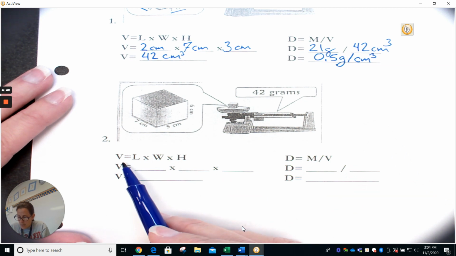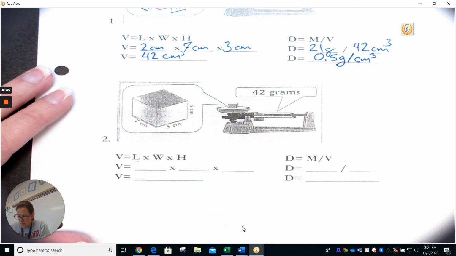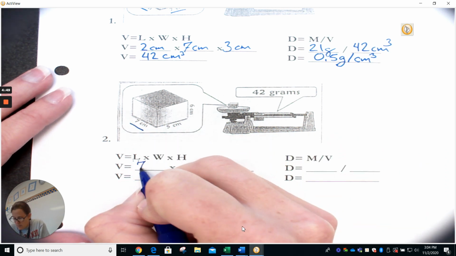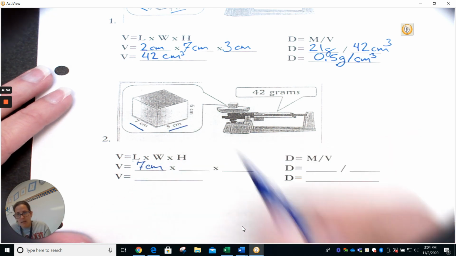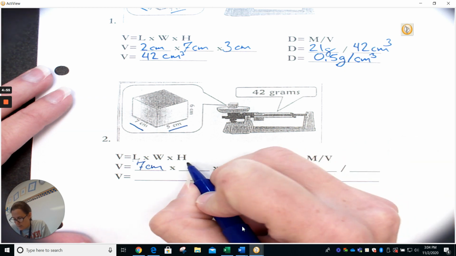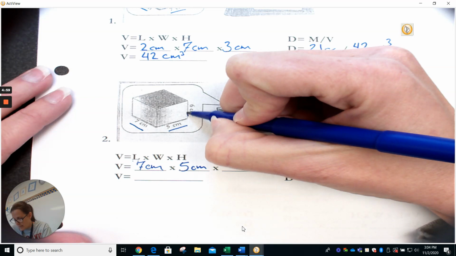We've got volume equals length times width times height. Our length is at 7 centimeters, okay? Our width is 5 centimeters, and our height is this number right here.